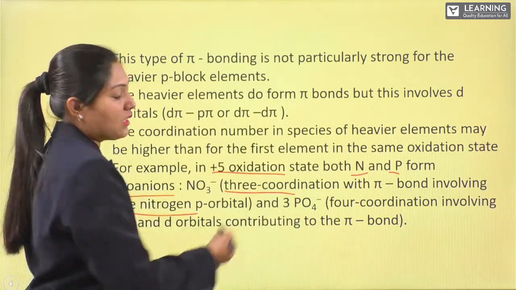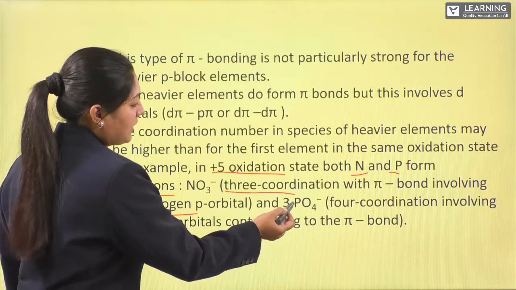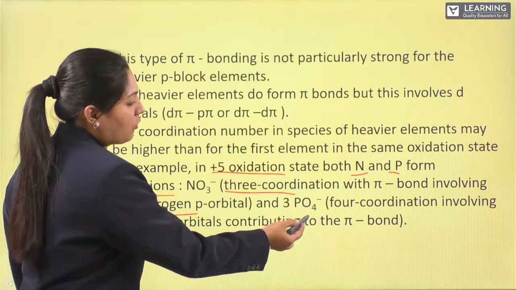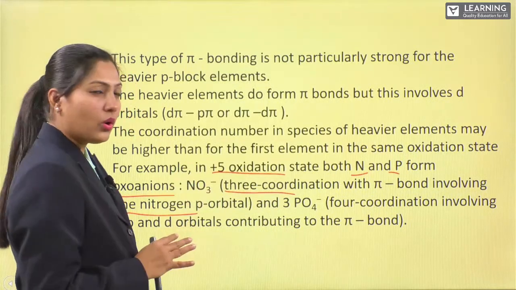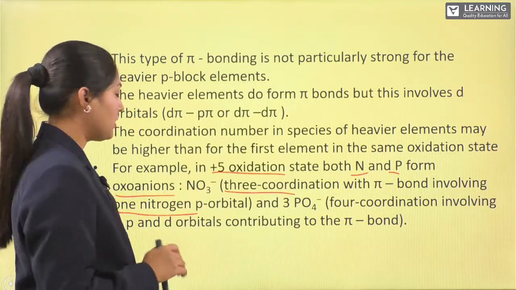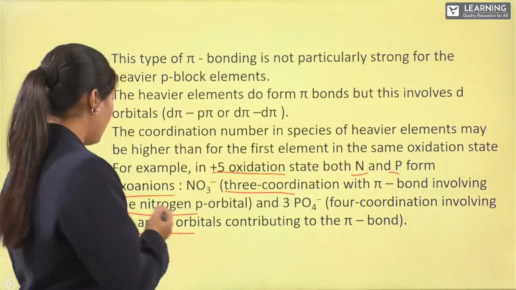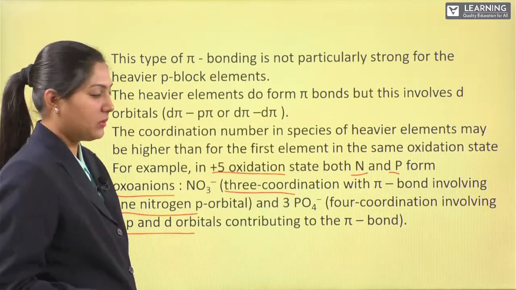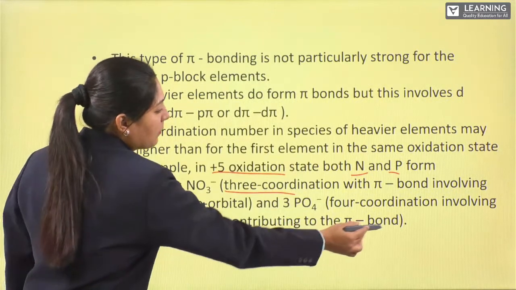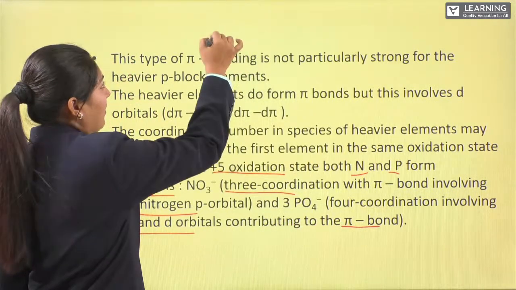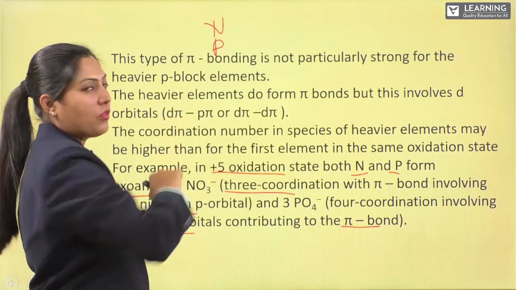Whereas if you take phosphate, PO4 3 minus, 4 coordination will be there, involving s, p and d orbitals contributing to the pi bond. First we have nitrogen, then comes phosphorus.